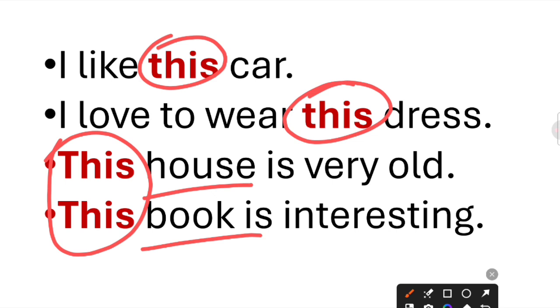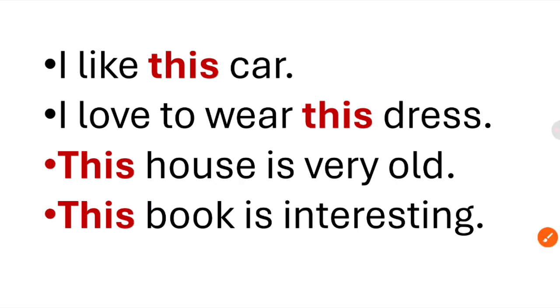Suppose I ask you to change this demonstrative adjective into a demonstrative pronoun. Then you can't use it just before a noun. Okay. So how will you frame the sentence? You will say, this is very old house. Okay. So you will not say this house is very old.